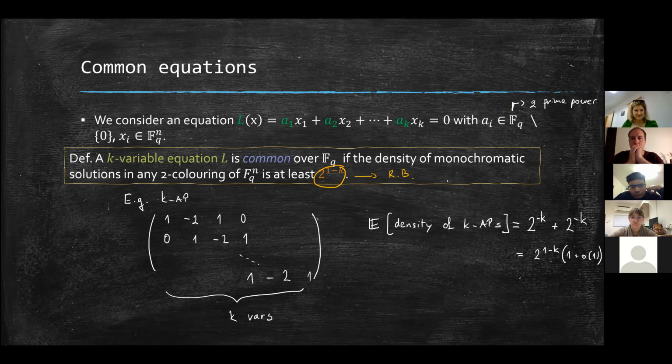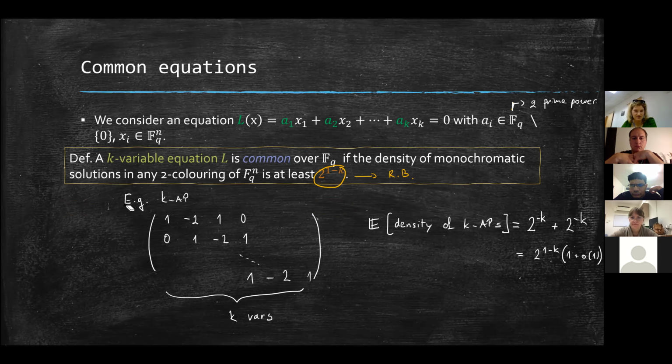Okay, so does this definition make sense? So that's, again, an equation is common if the density of monochromatic solutions is at least 2 to the 1 minus k. Actually, let me erase this ink.